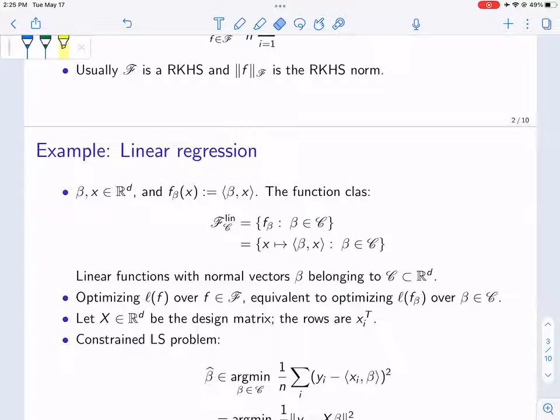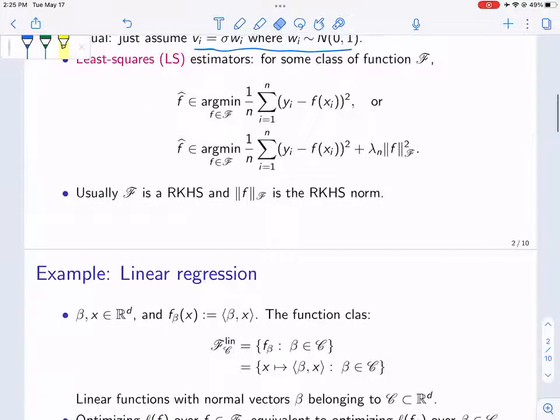So I can assume, for example, that C is the set of all S-sparse betas. That would define a function class. If that's the case, and I'm looking at S-sparse linear functions, solving this would be equivalent to L0 penalized regression, or finding the best sparse linear regression fit, for example.